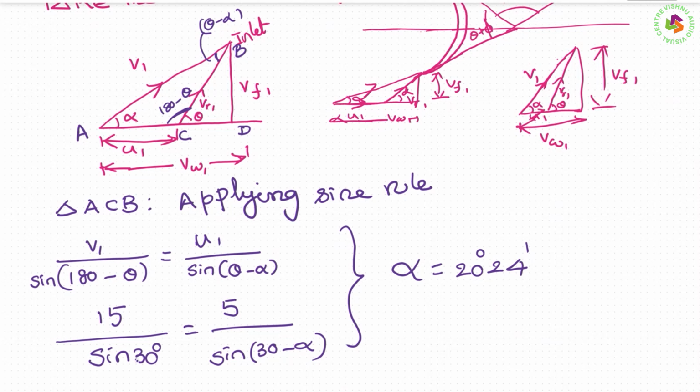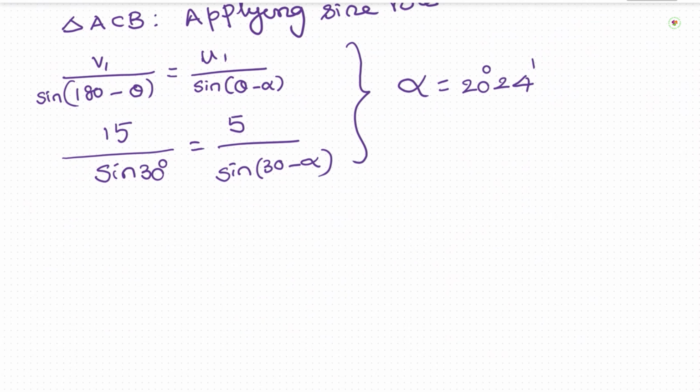Then substitute and calculate what sine of 30 minus alpha is, then calculate both sides. You are going to get alpha around 20.4 degrees, so it amounts to 20 degrees 24 minutes. This is the first one, so by this I got one answer.